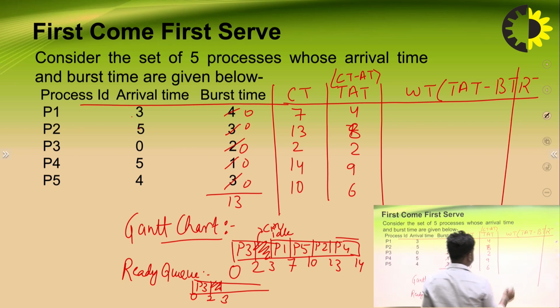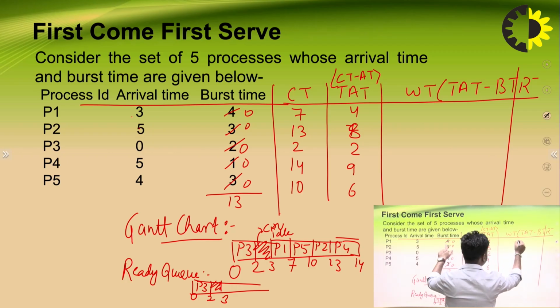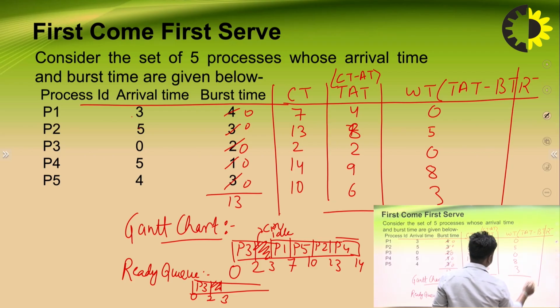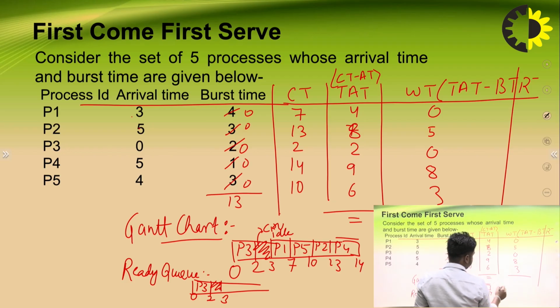The waiting time is TAT minus BT. 4 minus 4 is 0. 8 minus 3 is 5. 2 minus 2 is 0. 9 minus 1 is 8. And 6 minus 3 is 3. Now we will add these and divide by 5.